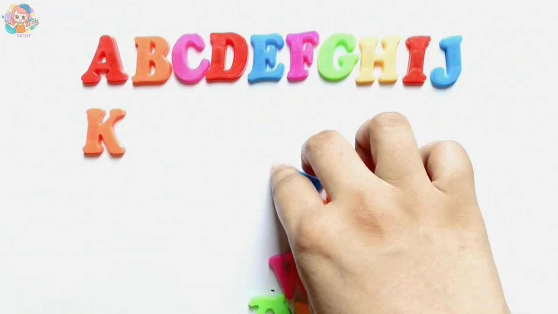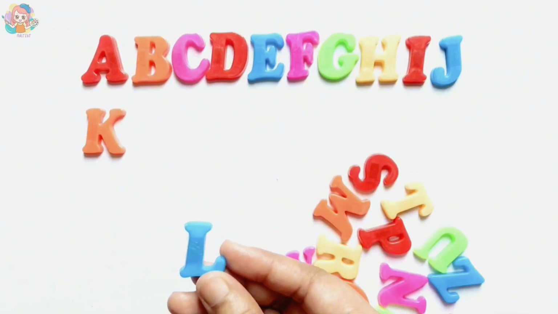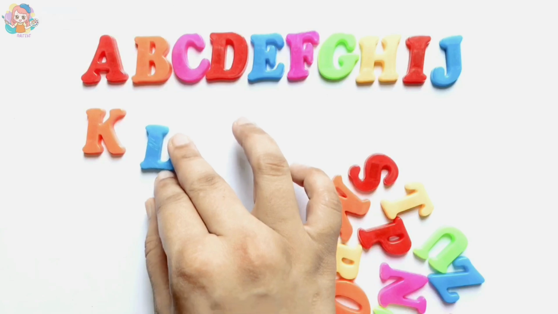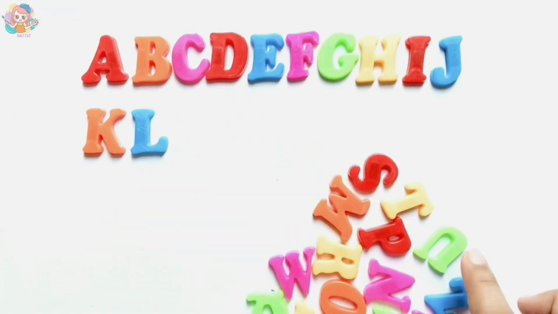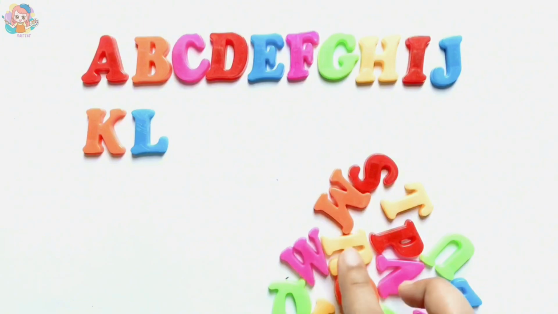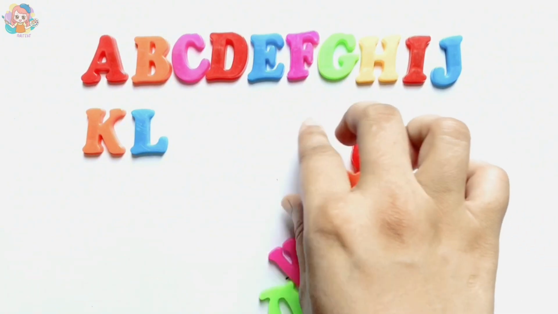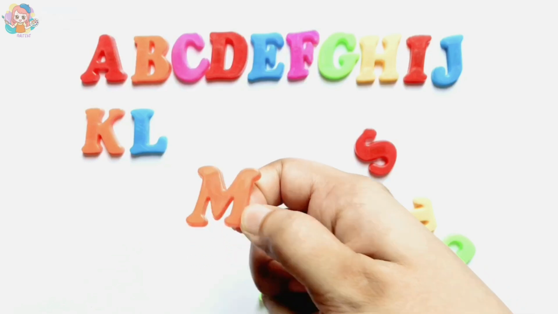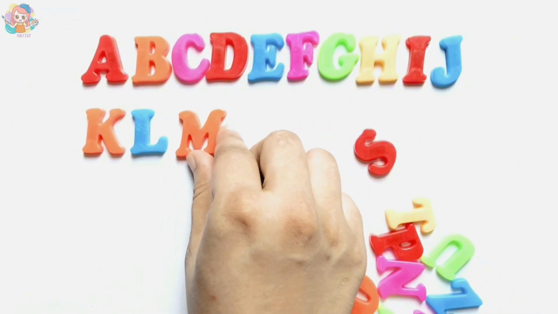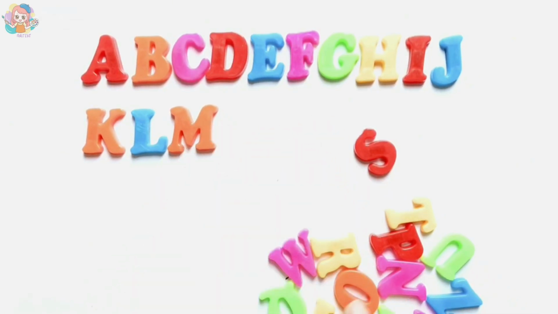Next, where is L? Oh yes, L. L for lion. Next alphabet M. Oh, M. M for monkey. Wow.